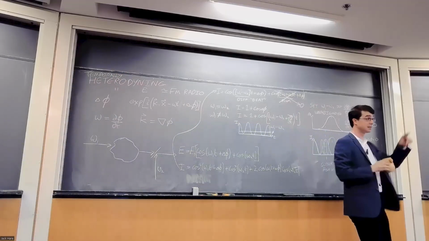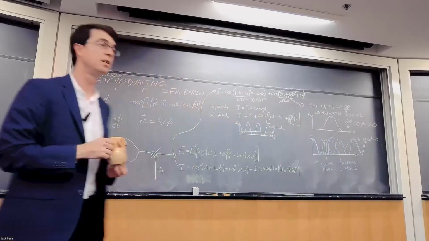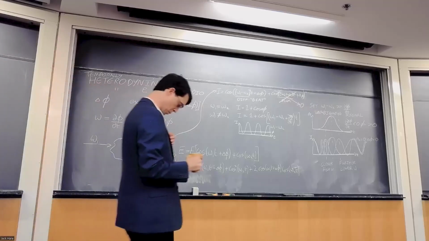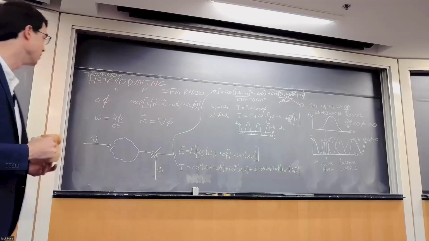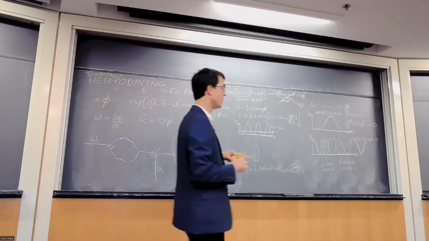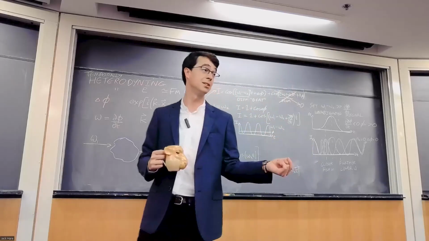Okay, other question. If we have two different frequencies of light, how do we get around the coherence length effects that we were talking about before when we had only one frequency? We will show in the next page of notes how we derive two different frequencies from the same source.